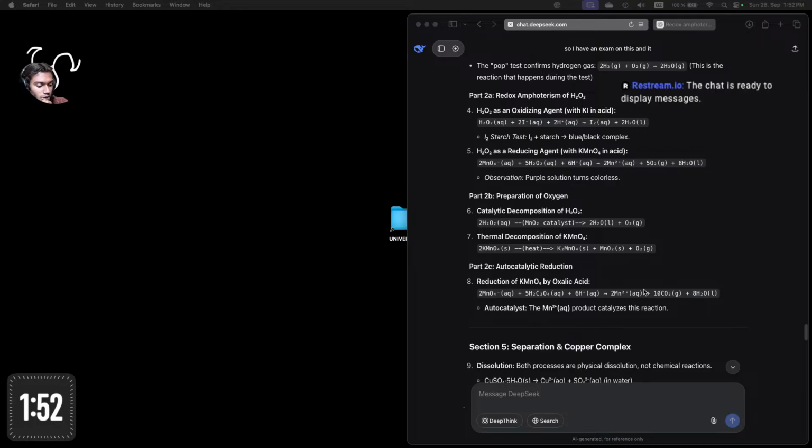What is CO3? Plus 8H2O liquid. Autocatalyst: the Mn2+ product catalyzes the reaction.